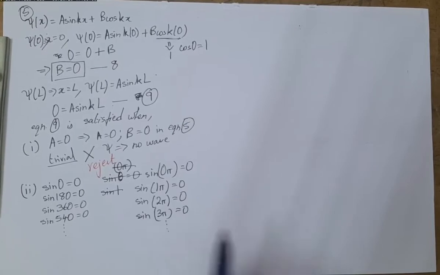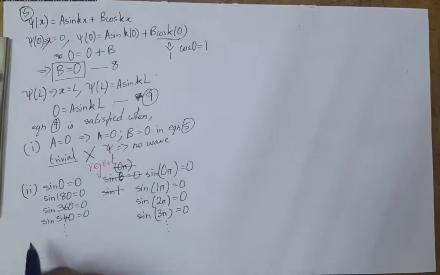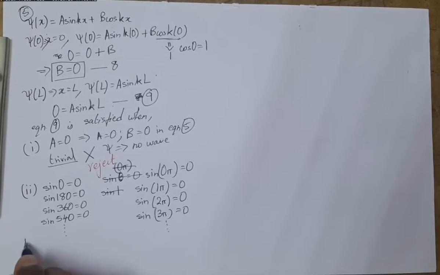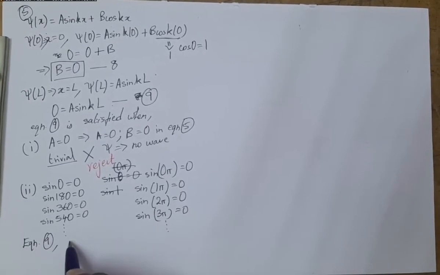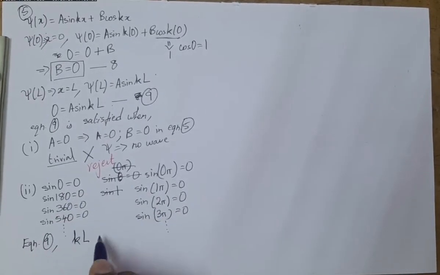That means equation 9 can be satisfied if the term KL equal to n pi.